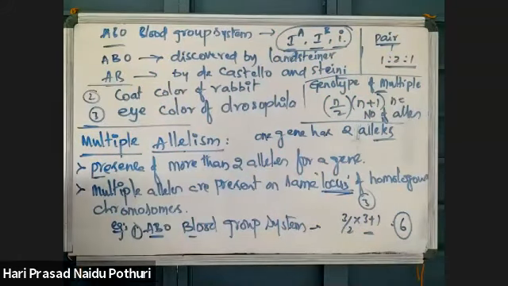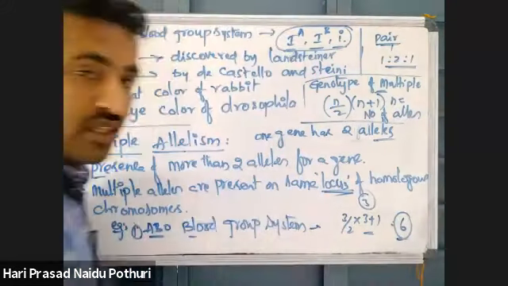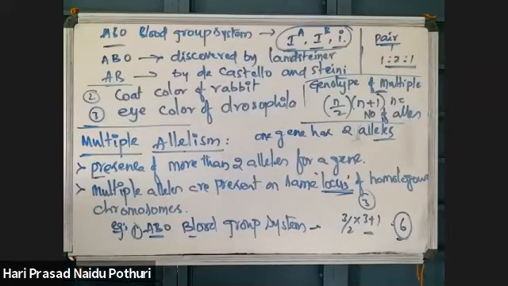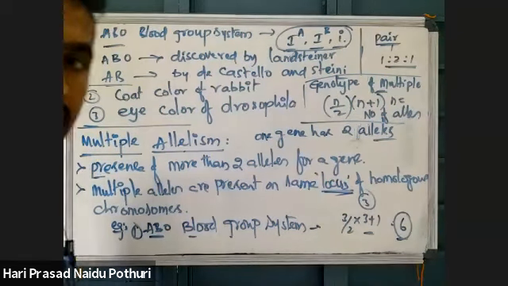In the blood grouping system we already saw 6 different genotypes: IAIA, IAIB, IAi, IBIB, IBi, ii.